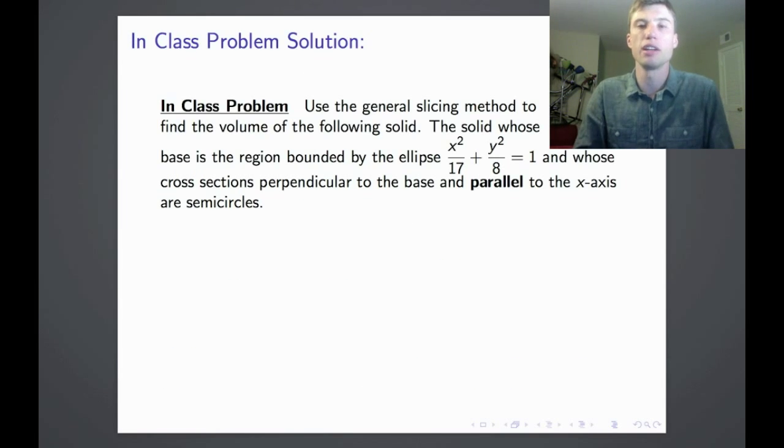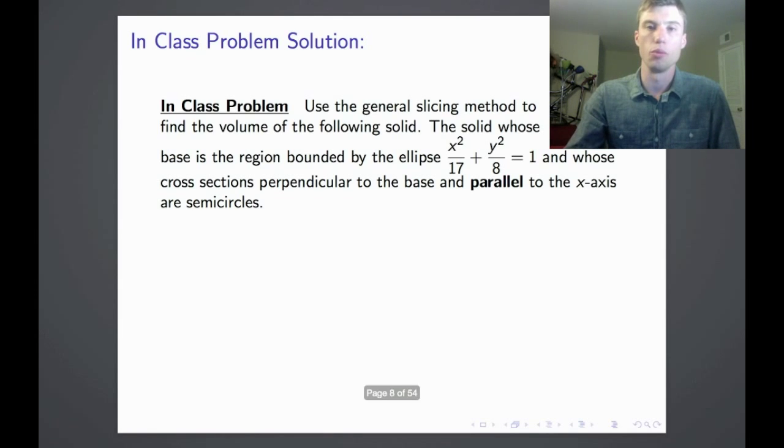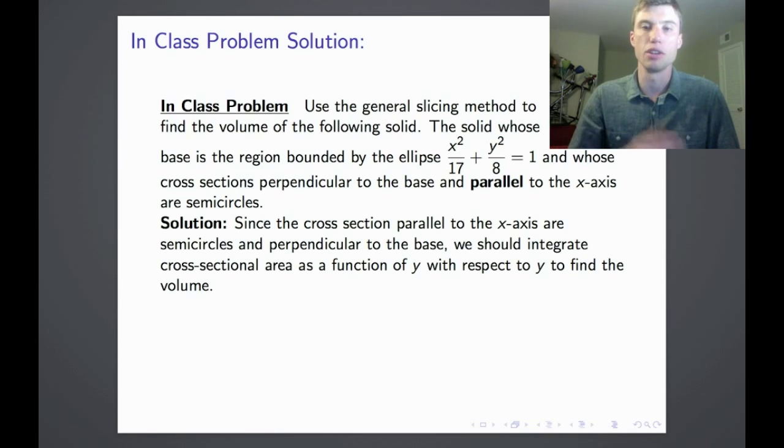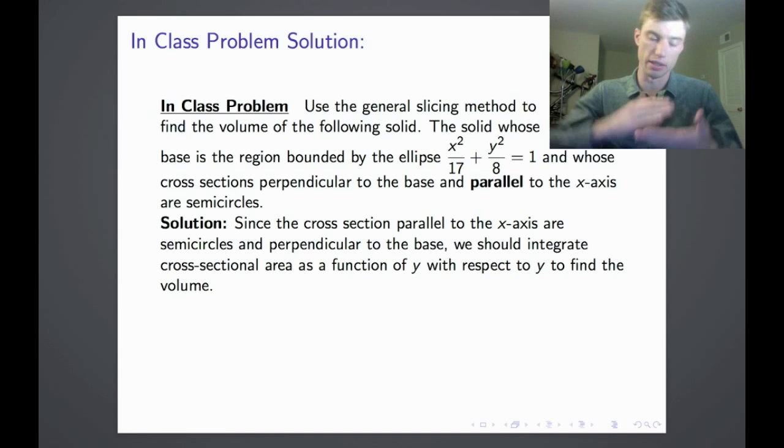So for the in-class problem, we need to use the general slicing method. That means we need to find a formula for cross-sectional area as a function of position, that is, where we are, which slice we're taking. So the cross-sections parallel to the x-axis are perpendicular to the base.